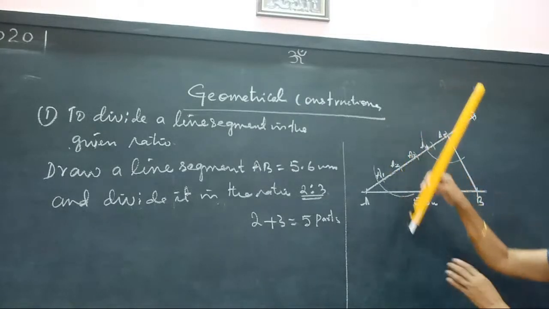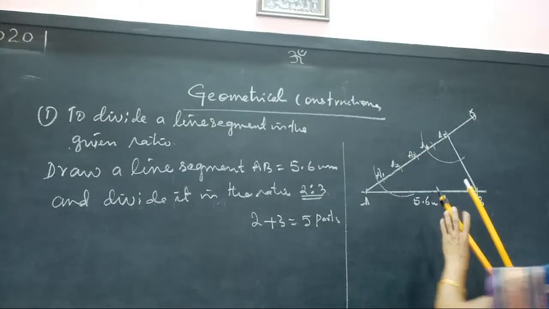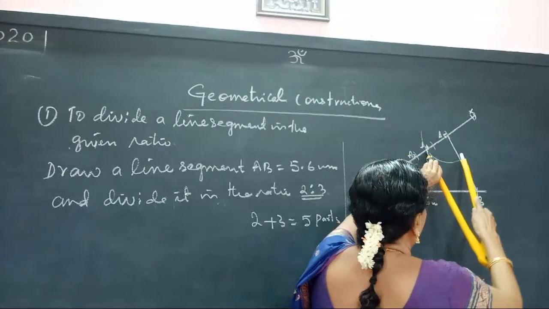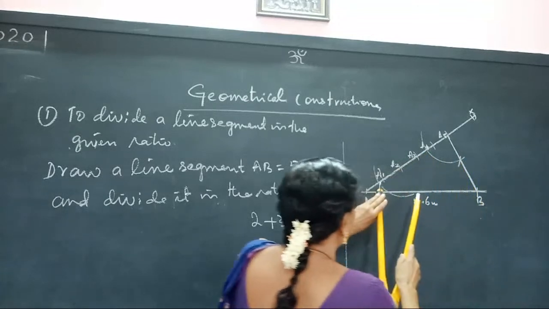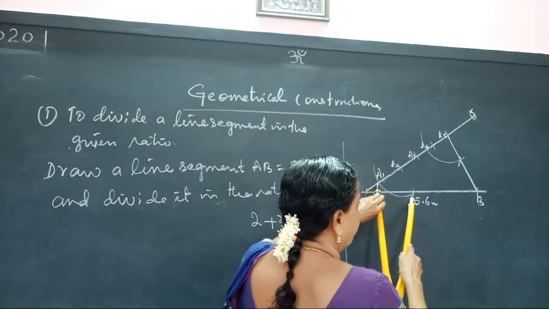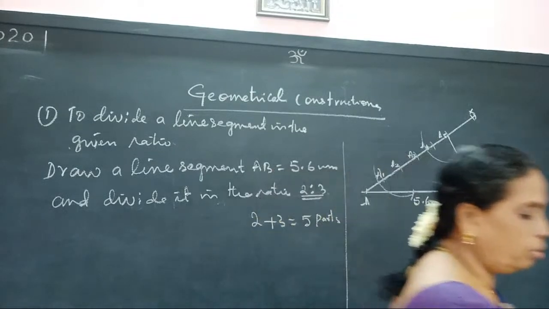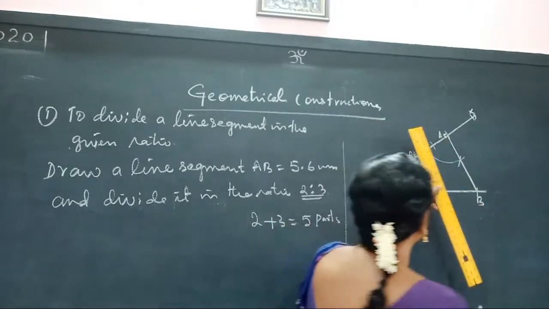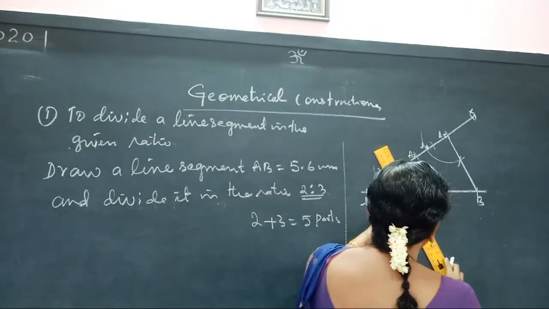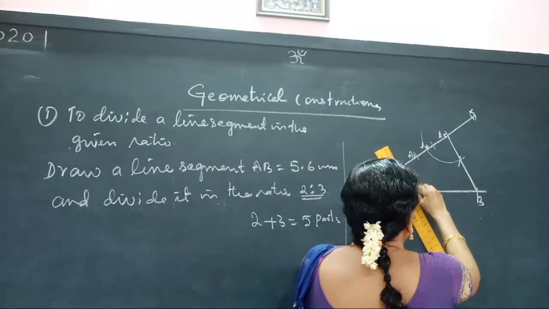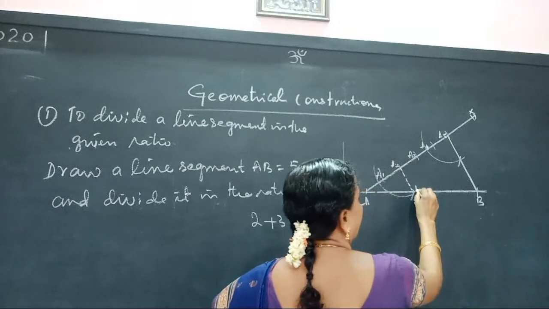Okay? Now take this width from here to here and cut off the base. Same here also you cut off. Now passing through the intersected arc, you join A2 and let it intersect AB at point P.